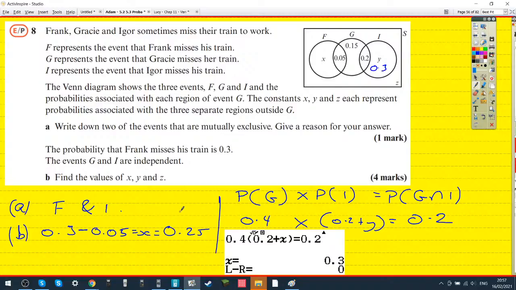Still. And then Z is all of them added together minus... What would you minus it from? What do you think? Oh yeah, you minus 1. There you go. Okay, what do you get there?